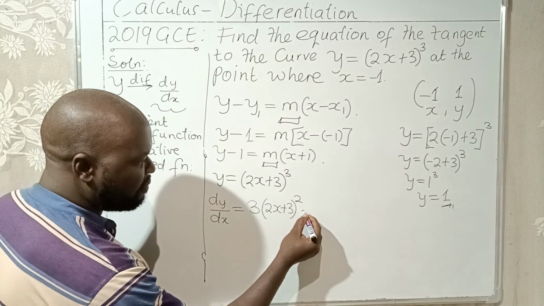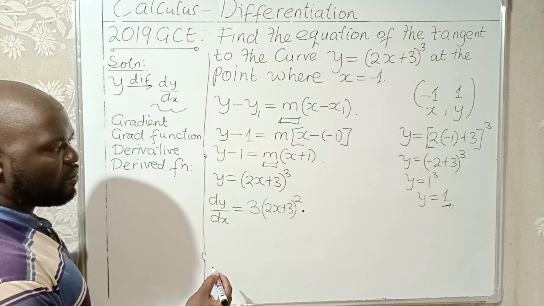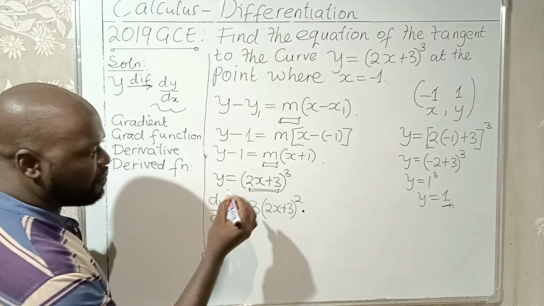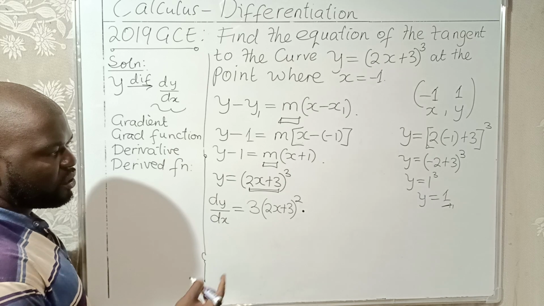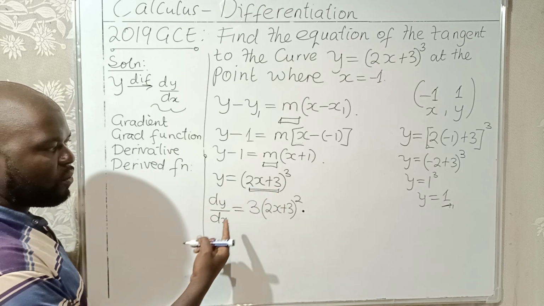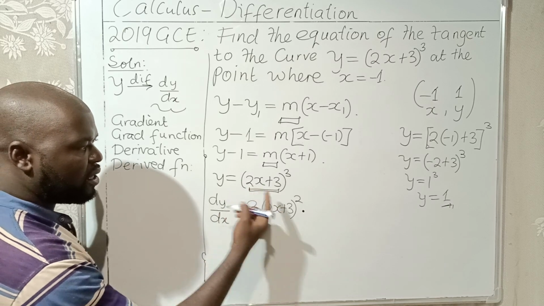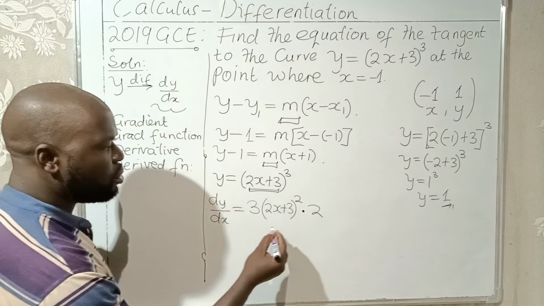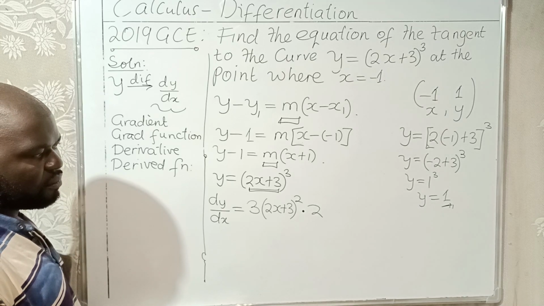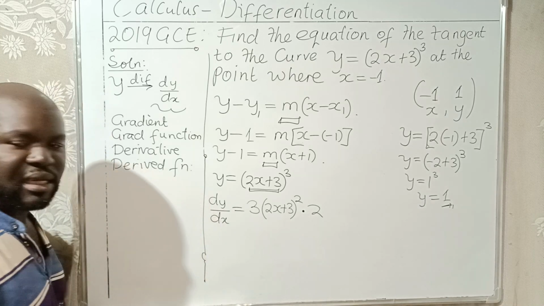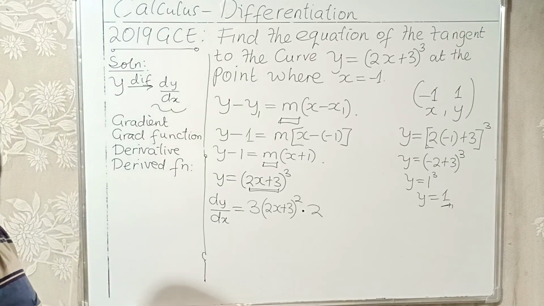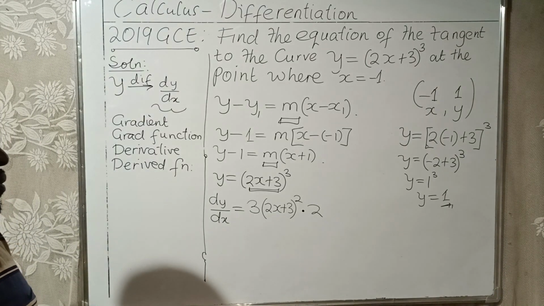And whatever we have there, we shall multiply by the derivative of what is inside there. So when you differentiate what is inside here, this one will give you 2, and this one will give you 0. So basically, this is a simplified version of how to use the chain rule.